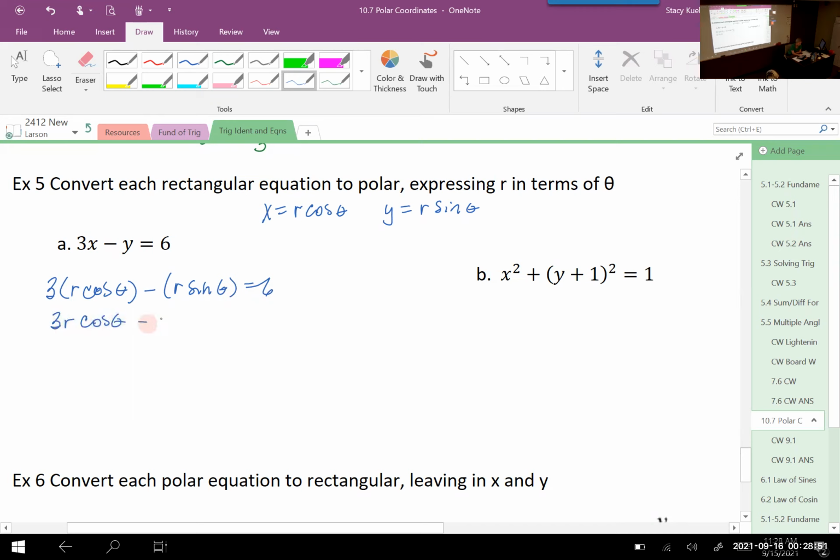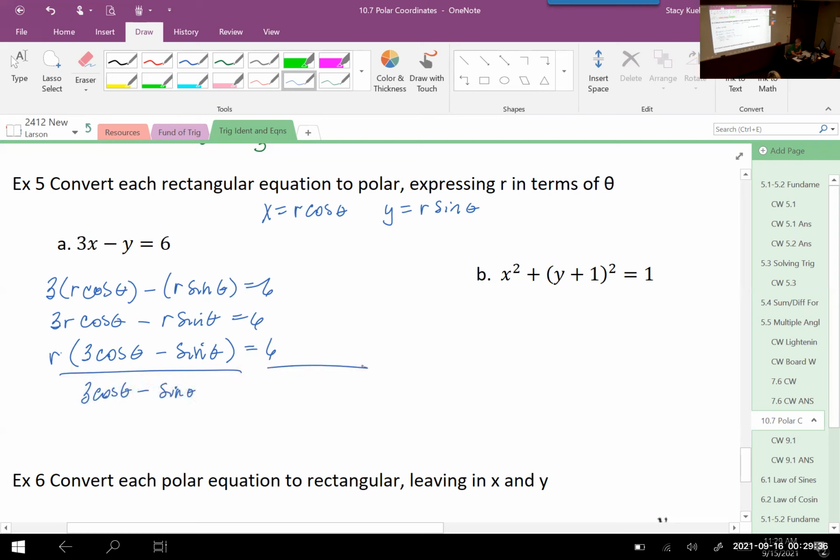So 3r cosine theta minus r sine theta equals 6 is what I have. Is there something common there that I could factor out? The r's. So I take out r and I'm left with 3 cosine theta minus sine theta equals 6. And now what? Trying to get r by itself, so I would divide by the coefficient. Divide by 3 cosine theta minus sine theta.